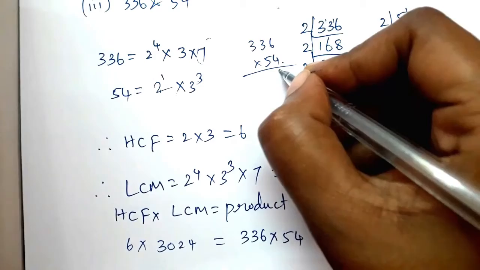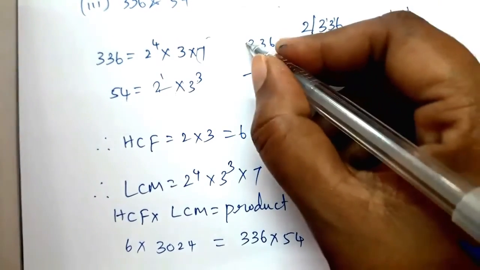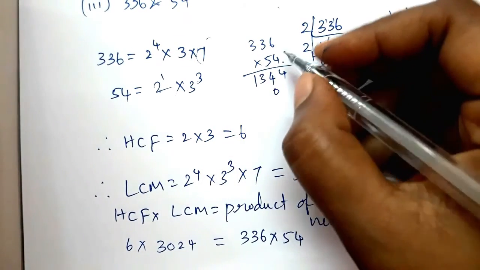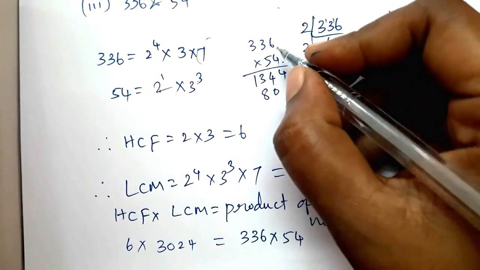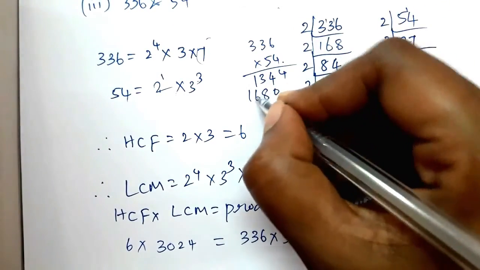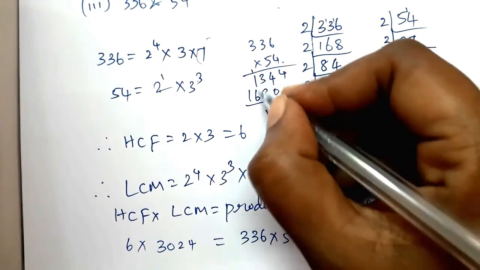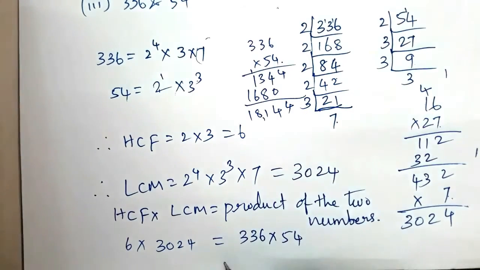4 6s are 24, carry over 2, 4 3s are 12, 12 plus 2 14, carry over 1, 4 3s are 12, 12 plus 1 13, 5 6s are 30, carry over 3, 5 3s are 15, 15 plus 3 18, carry over 1, 5 3s are 15, 15 plus 1 16. Do the addition here. 18,144.